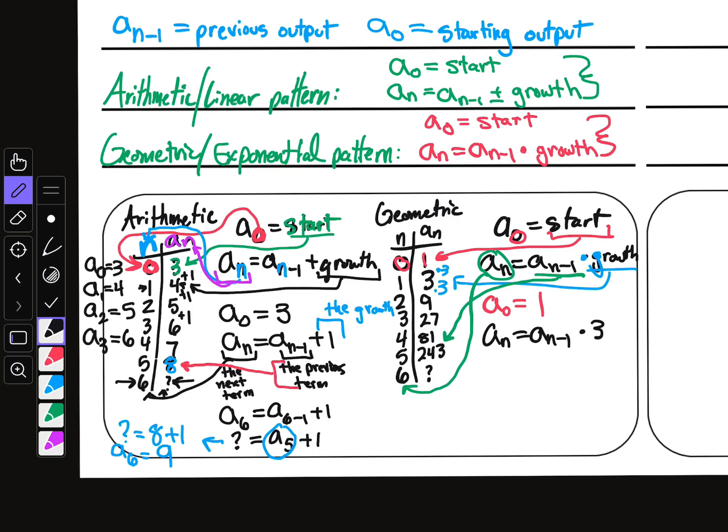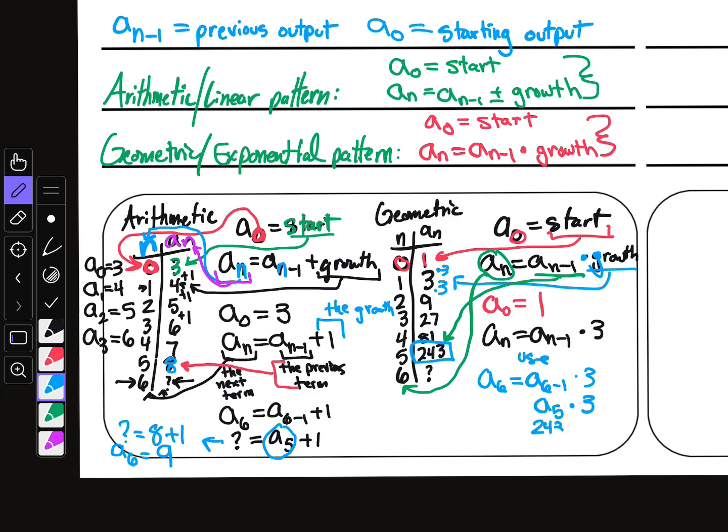Now, if I want to use it, okay, that's when we would do stuff. Say again, I wanted to find this 6th term. So I know that I start at 1, and I know I'm multiplying by 3, so I'd go a sub 6 equals a sub 6 minus 1 times 3. 6 minus 1 is 5, so it would be a sub 5 times 3. Do I know what a sub 5 is?